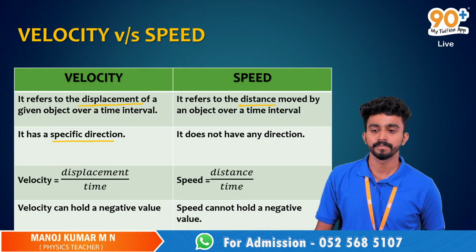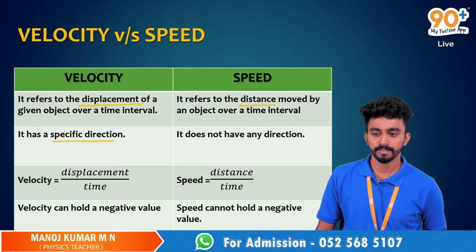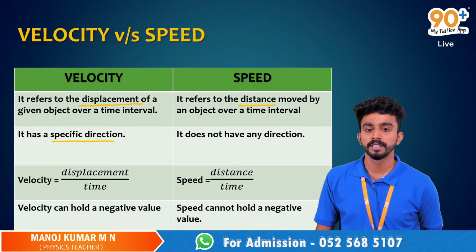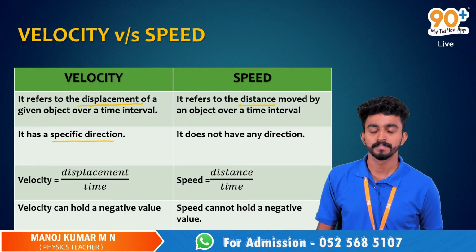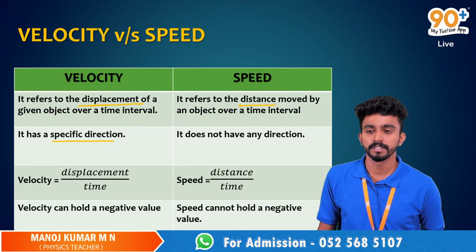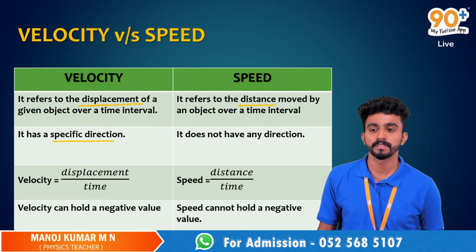I can't see what you have written. Show it close to the camera. So where is the velocity and speed? Where is the previous problem, the frog's problem? Show it close to the camera.